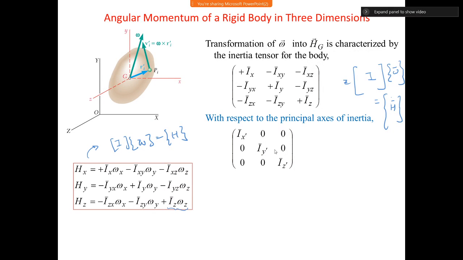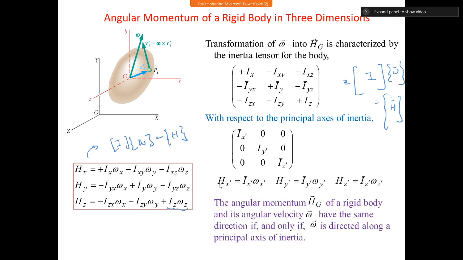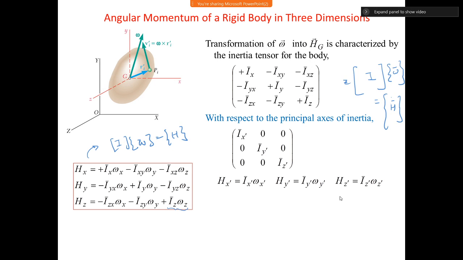And if this matrix simplifies like this, then this set of equations simplifies to the following: Hx prime is equal to Ix prime times omega x prime, Hy prime is equal to Iy prime omega y prime, and so on.